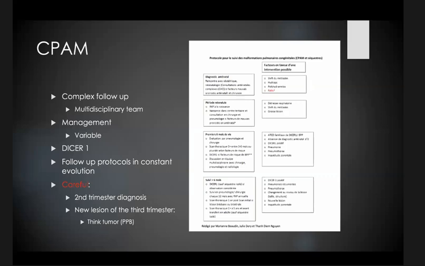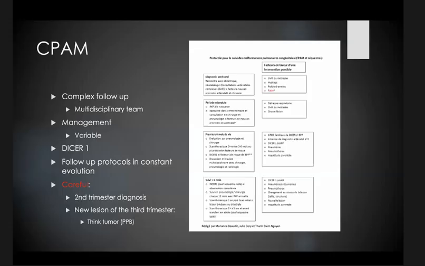If they are at risk for a pulmonary blastoma, they get a DICER1 test. Depending on the DICER1 results, they usually get another CT 12 months after the first one, and then the next CT will be around 5 years old. They always have a follow-up in surgery and pneumology.